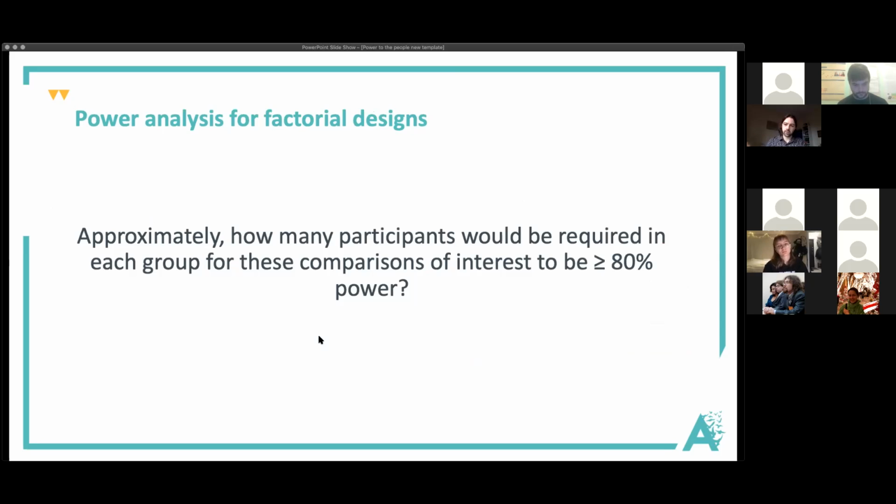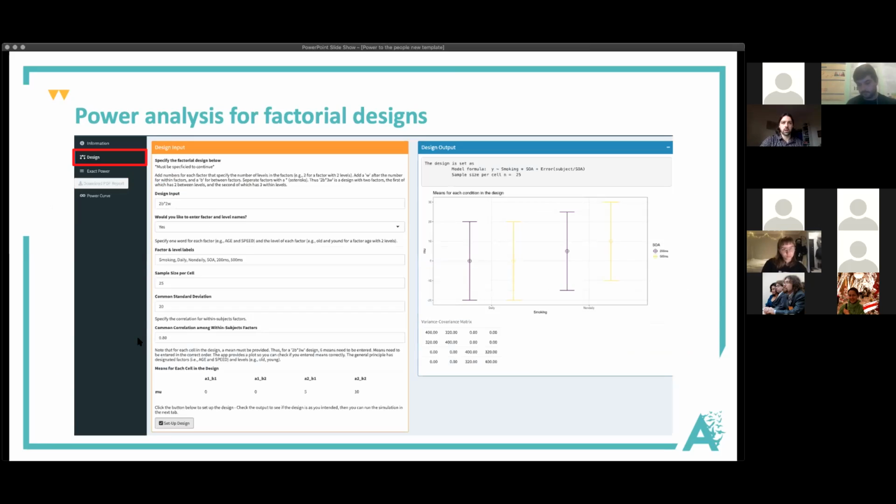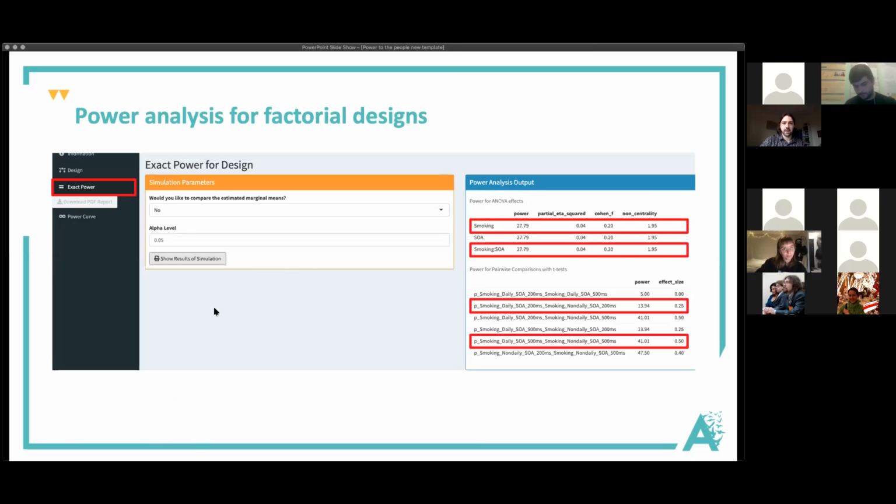What I would like you to do now, as the last thing before we finish: all those values of power were very low. How many participants would you need in order to reach 80% power? You will need to go back to the design, and you can adapt this. You will have to play around with the sample size per cell. If you try higher values, click Setup Design, go back to exact power, and show results of simulation, those values will update.